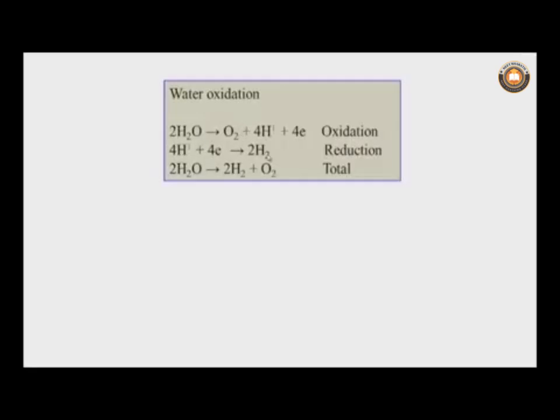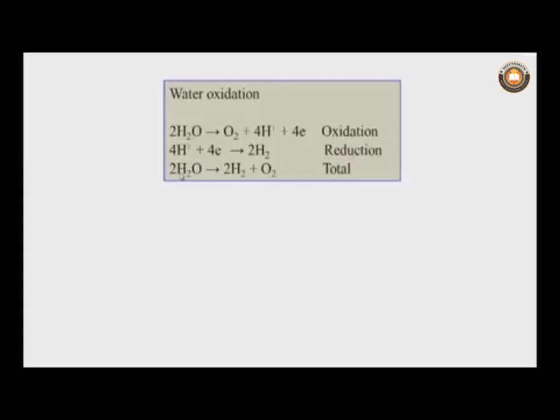At the same time, if electrons are produced through the oxidation of water for the production of O2, as in photosynthesis, something should be present which can consume the electrons produced in the first step. These can be consumed by protons, H plus or hydrogen ions, forming hydrogen gas, the hydrogen molecule itself, through a reduction process.